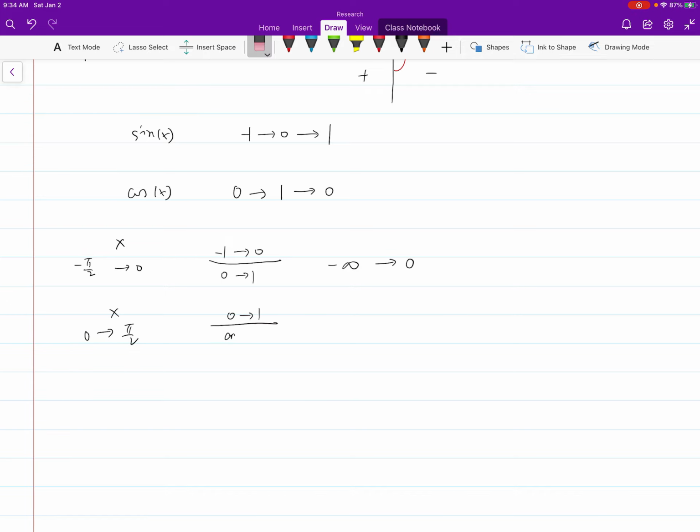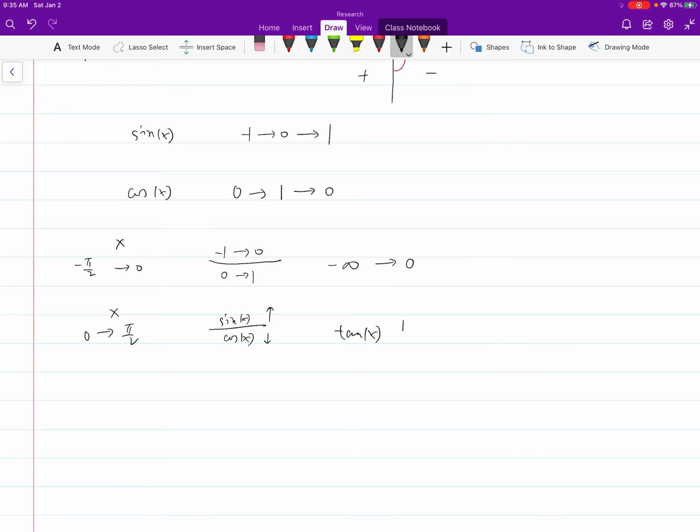Similarly, going from 0 to pi over 2, your sine goes from 0 to 1, so your sine keeps increasing. Your cosine went from 1 to 0, so your cosine keeps decreasing.